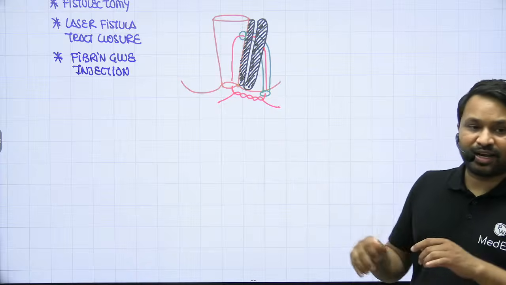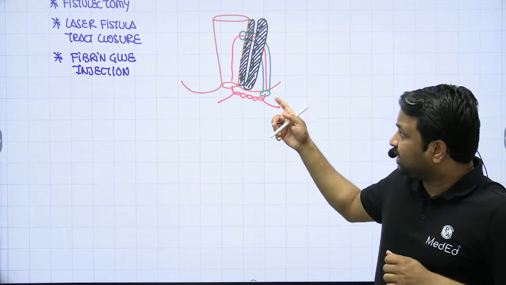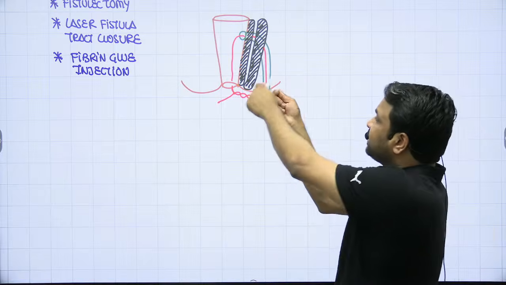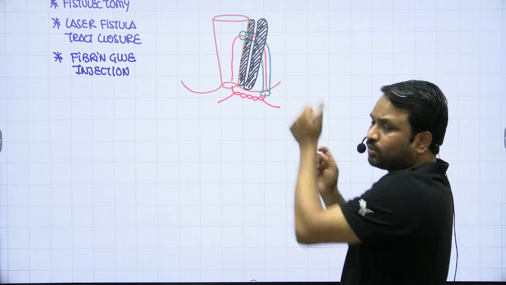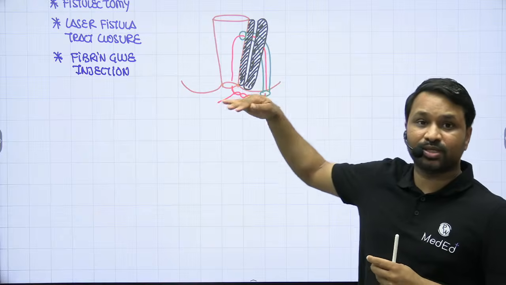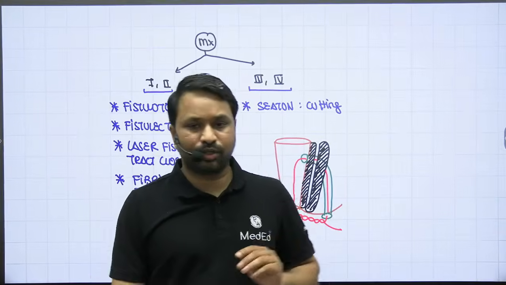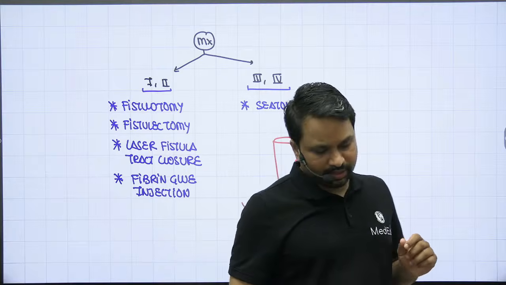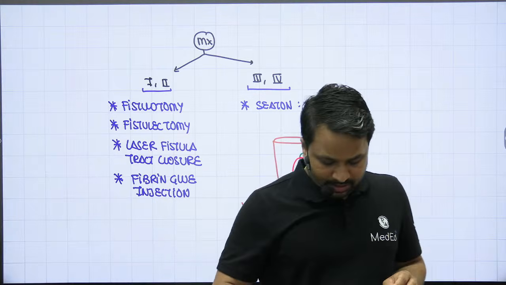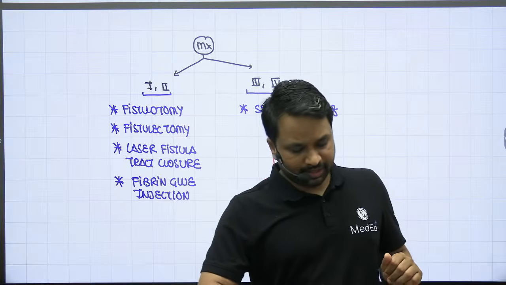Now I've tied this thread and I'll continue to tighten it. Because it's a cutting thread, as I tighten, it will cut through and open up the tract, but the lower end will continue to fibrose. In that way you prevent the incontinence, and this is what you do in the context of a cutting seton. So this is all that you should know in terms of fistula in ano, right?